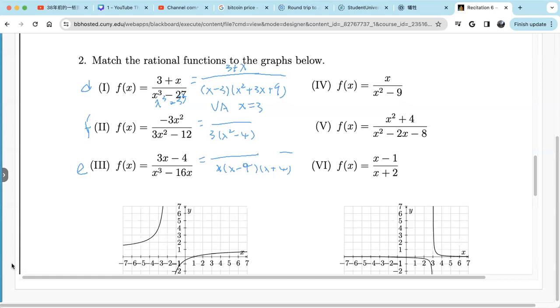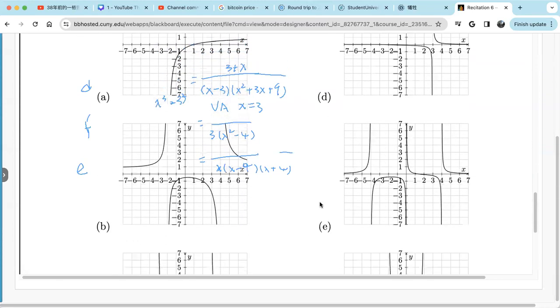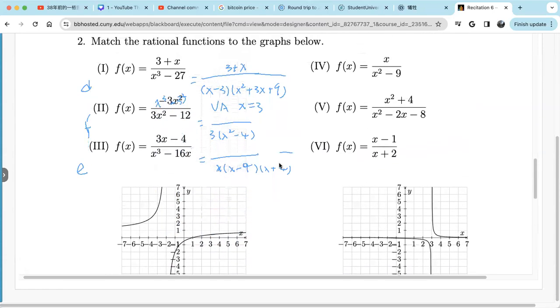Well, let's see 4. I feel like I have done this already. For 4, x squared minus 9 can be broken into x minus 3 times x plus 3. So we're looking for vertical asymptotes at 3 and negative 3. Oh, yes, B? You see B has vertical asymptotes at negative 2, and, oh no, we're not looking for that.